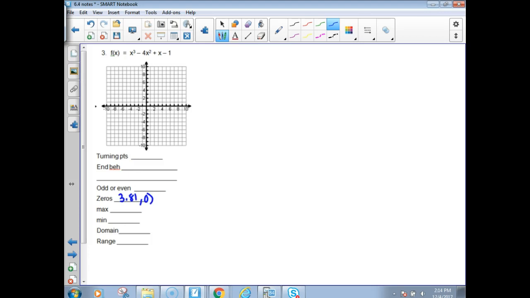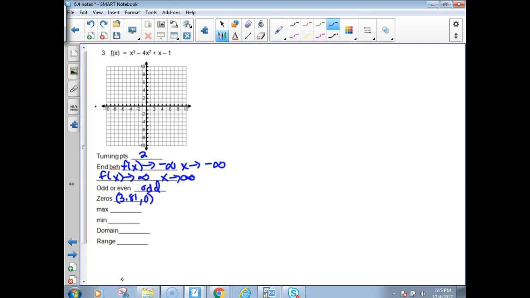It only has 1 zero. It has 2 turning points, and it's pointing down on the left, so f of x is approaching negative infinity as x approaches negative infinity. And it's pointing up to infinity on the right as x approaches infinity. It's odd.